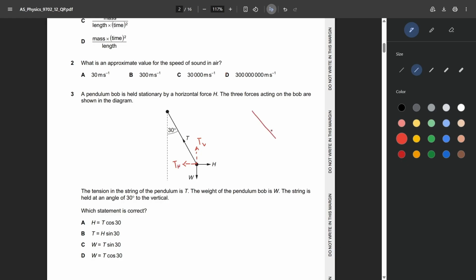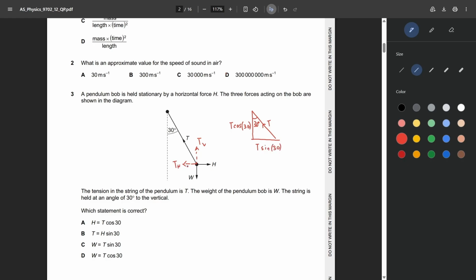Now, if we assume a triangle with a 30-degree angle here, and the hypotenuse as tension T, the vertical component of this tension will be T cosine of 30, and the horizontal component will be T sine 30.